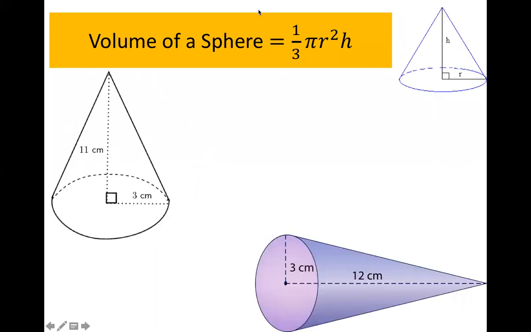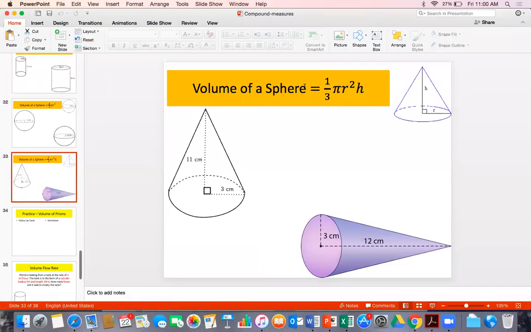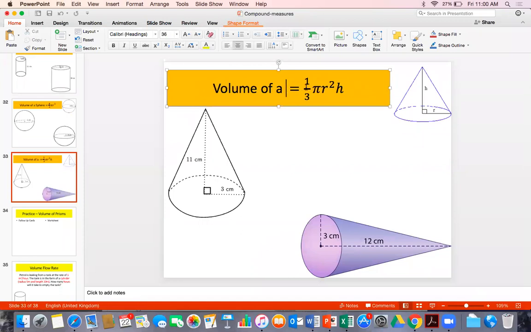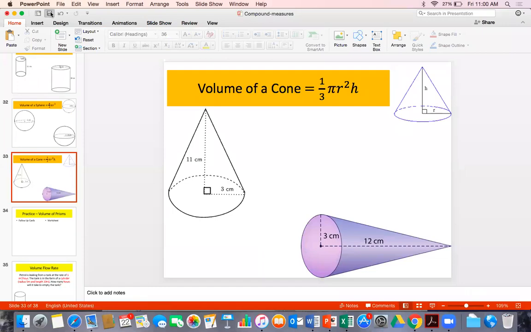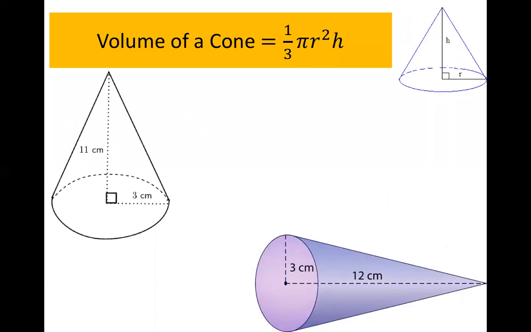Volume of, this is not a sphere, this is called a cone. Okay, volume of a cone, one third pi r square h.